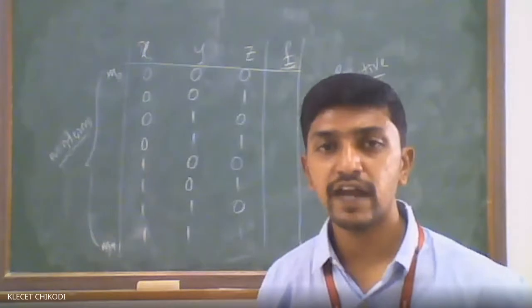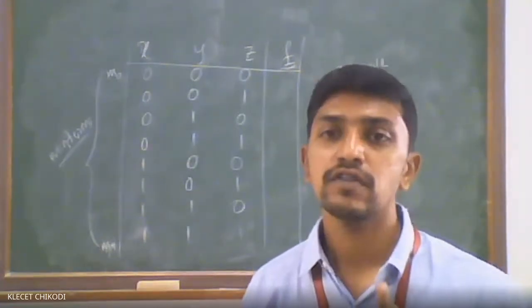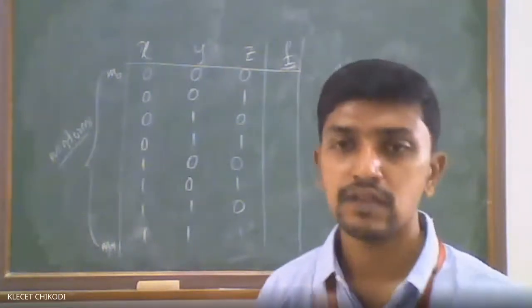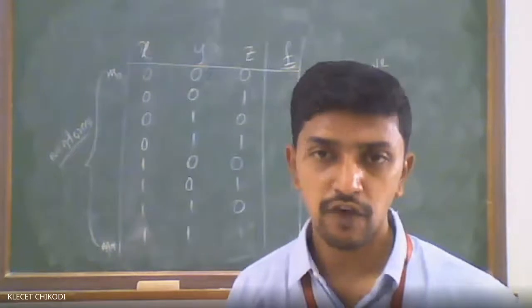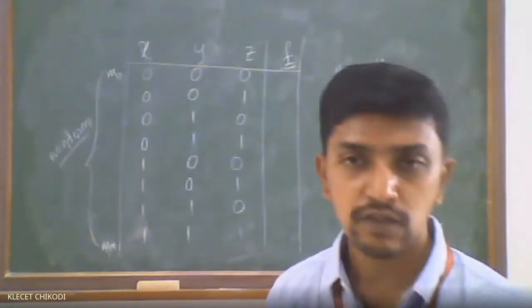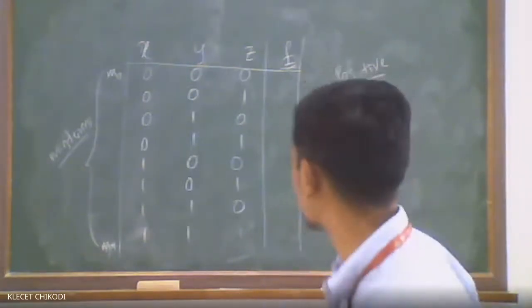The meaning of that will be: where the function value is 1, that min term is available there. For function value 0, the min terms are not available. For function value 1, those min terms are available. So it will be M2, M3 and M5.